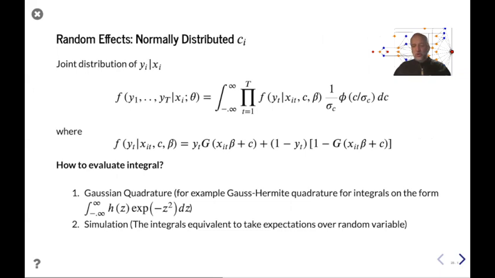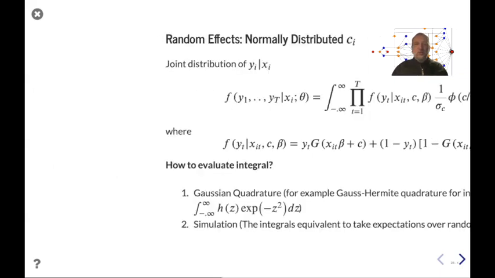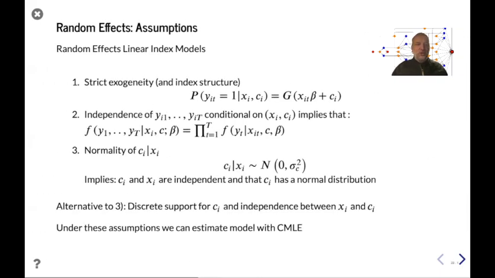So let's return to the situation where we assume normality. Now, instead of taking the expectation over a discrete distribution, we need to take it over a continuous distribution. How do you do that?